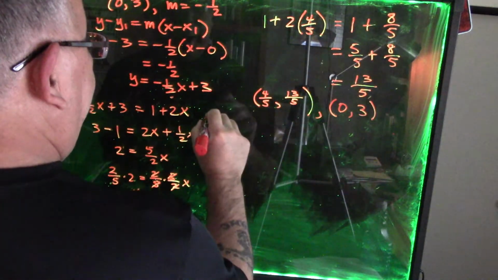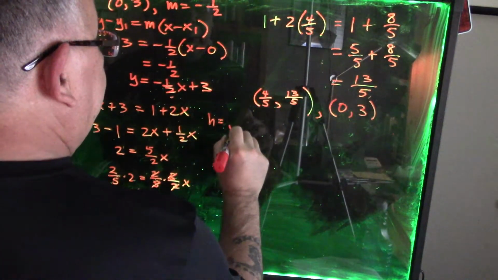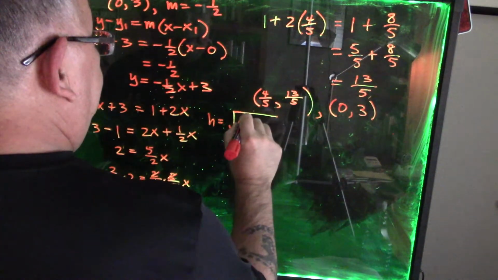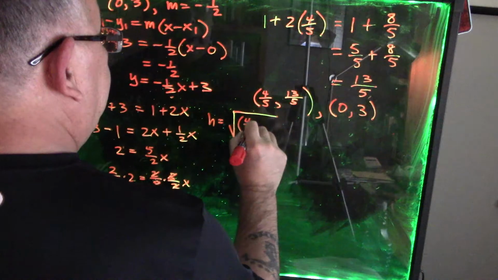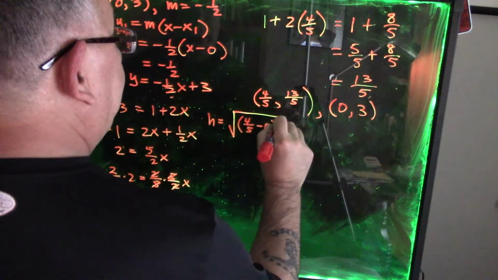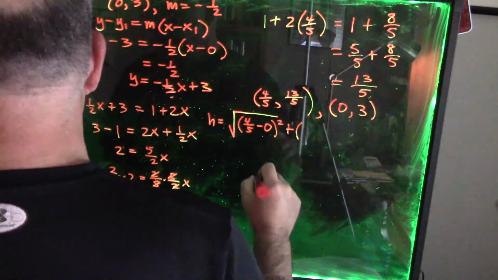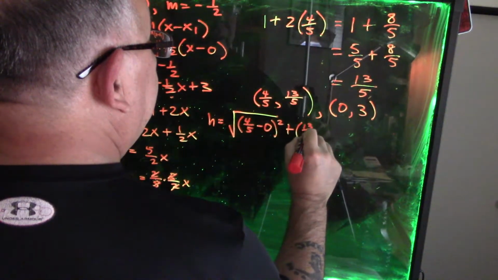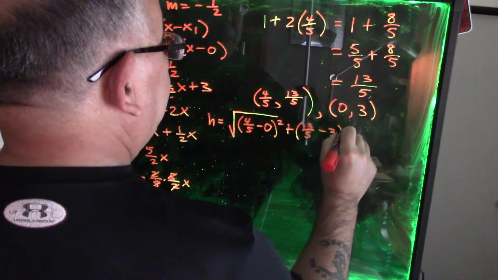So we've got h is equal to the square root of 4/5 minus 0, quantity squared, plus 13/5 minus 3, quantity squared.